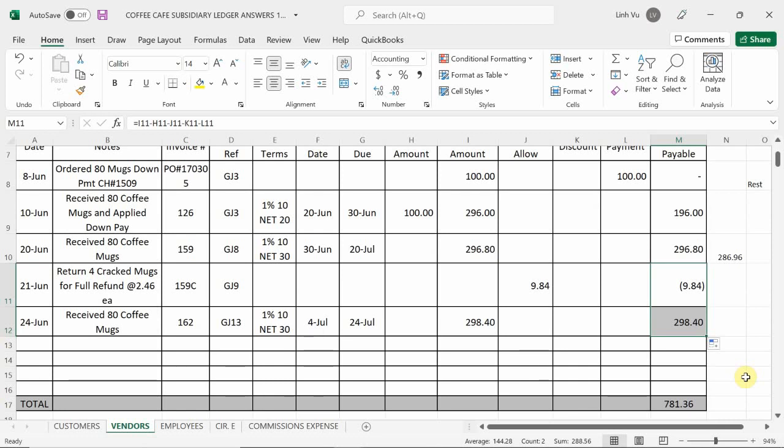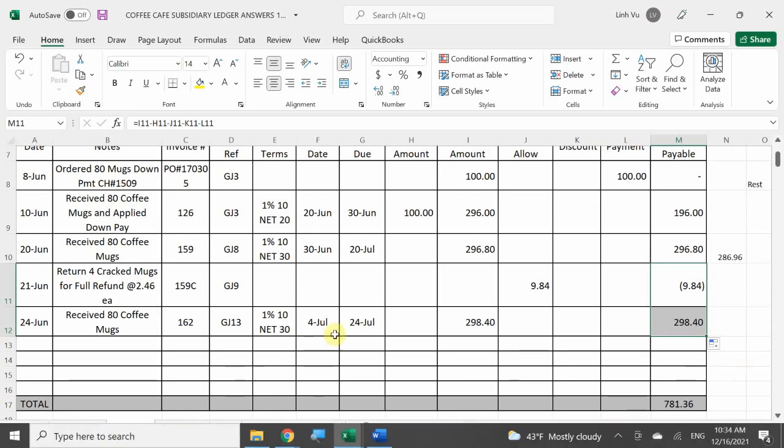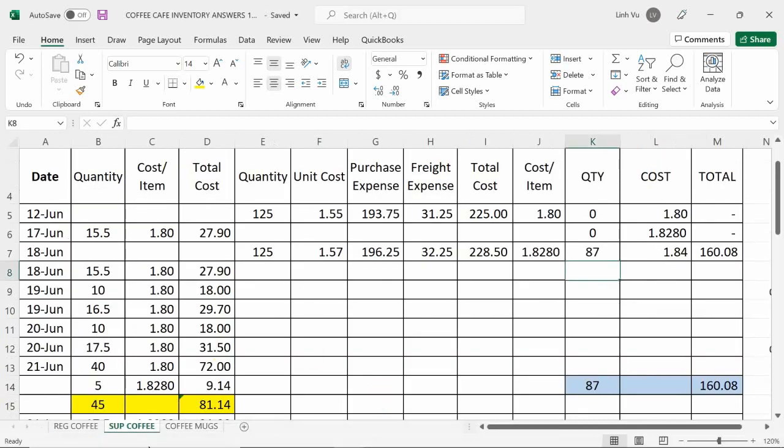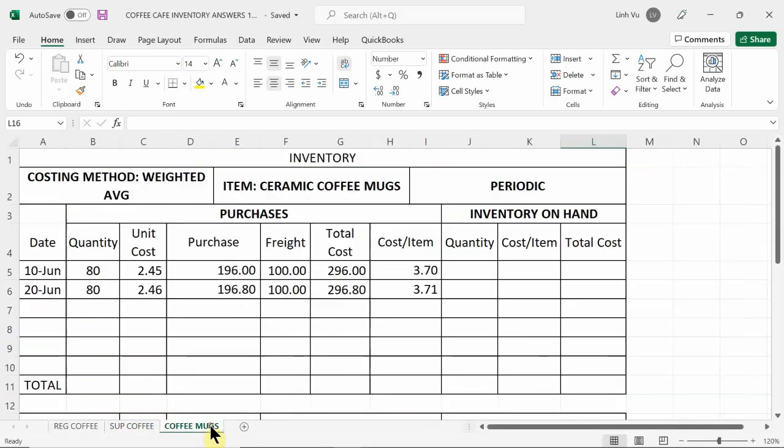We just added into our inventory. Yes, we got to add it to our inventory, right? Inventory worksheet. Ceramic coffee mugs. Okay.